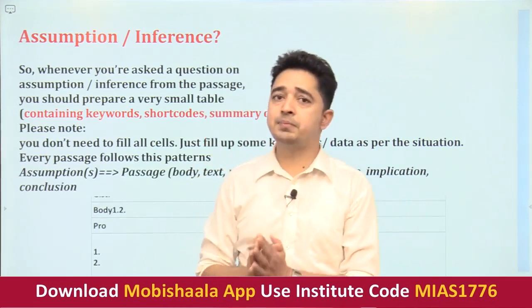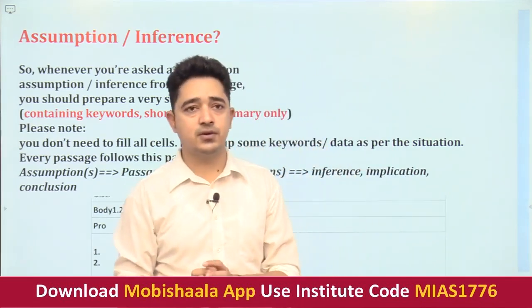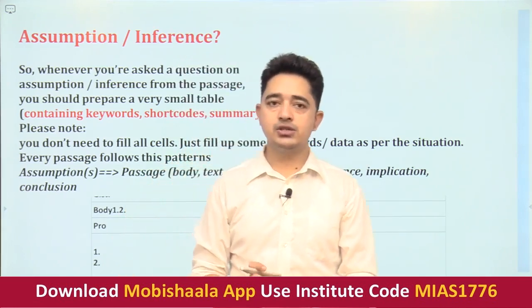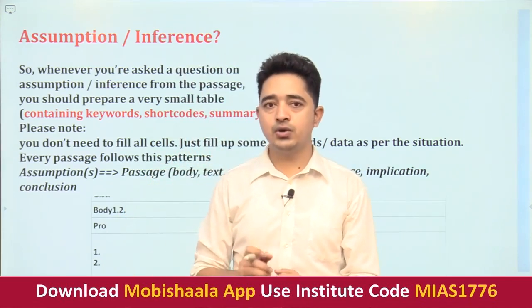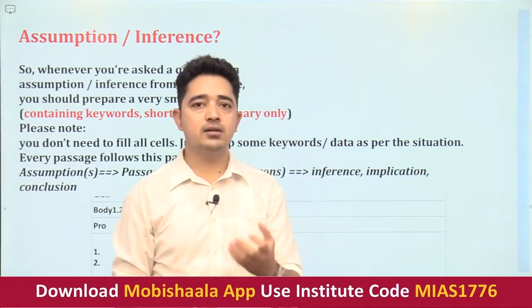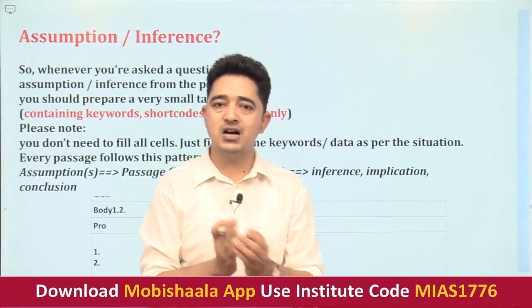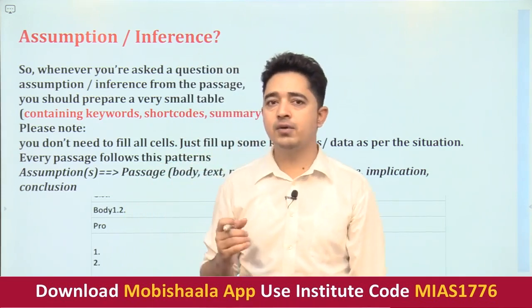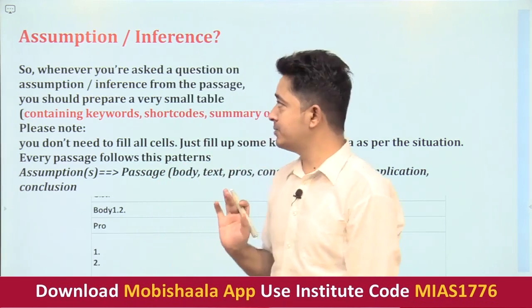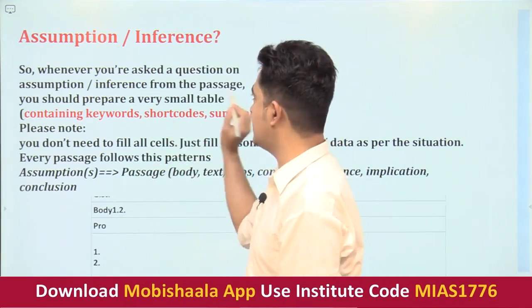This is the basic class, so you have to first understand the strategy of how you will solve the passage. Unless you understand how to solve the passage, when you attempt the exact passages asked earlier in the UPSC exam, you will have lots of confusion. So make sure you understand assumptions and inferences.